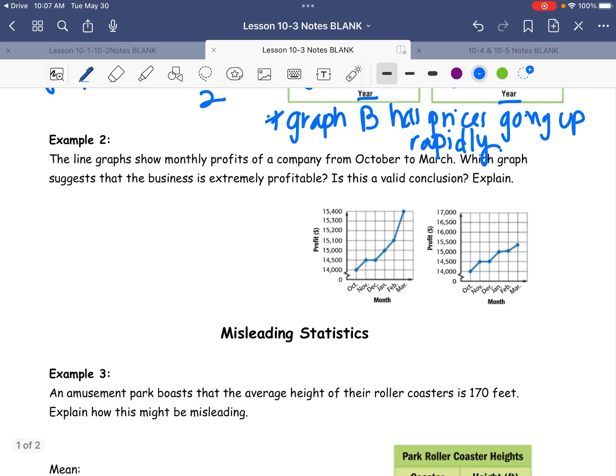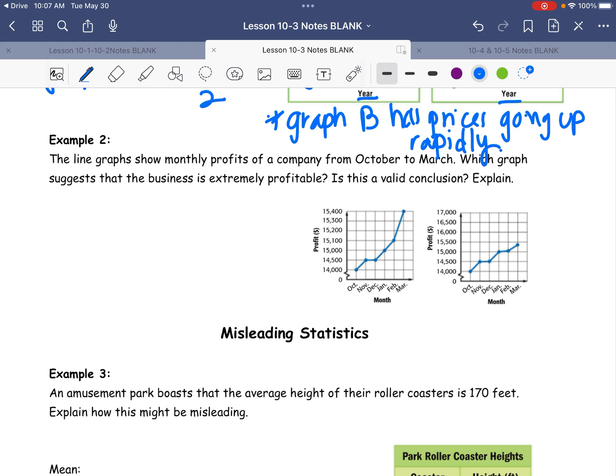In example number 2, it says the line graph shows monthly profits of a company from October to March. Which graph suggests that the business is extremely profitable? Is this a valid conclusion? Explain. In the first graph, we have intervals that go up by 500 for the profit, and we have all of our different months.